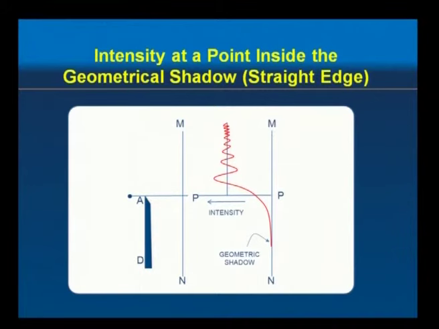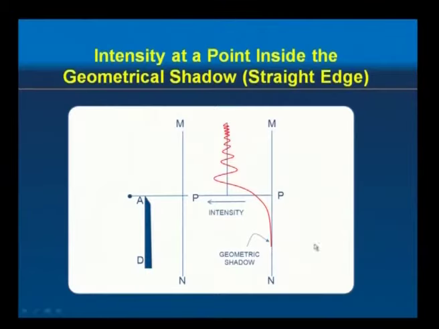When you have a screen, it is automatically obstructing the light. So below the screen there should be complete darkness, because the light rays are traveling in the form of straight lines as supposed by Newton.